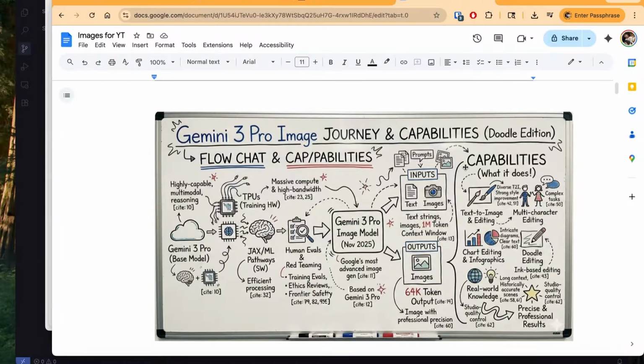So the first step where I want to focus is capabilities: what it will do and what it will mean to us. There is text to image generation and editing. These are the two capabilities that have always been there, and it was there for Nano Banana Flash. Now it's for Nano Banana Pro. It is a giant leap when it comes to the quality of images that it can generate.